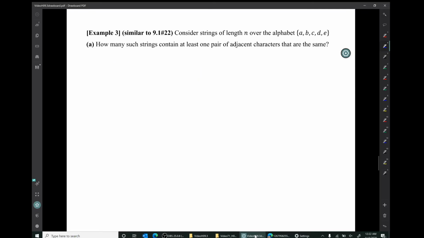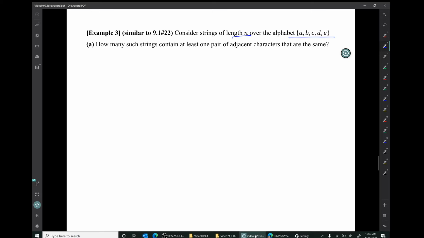Example 3. This one's similar to 9.1, number 22. Consider strings of length n over the alphabet A, B, C, D, E. Question A is, how many strings contain at least one pair of adjacent characters that are the same? Well, let's define some sets here.